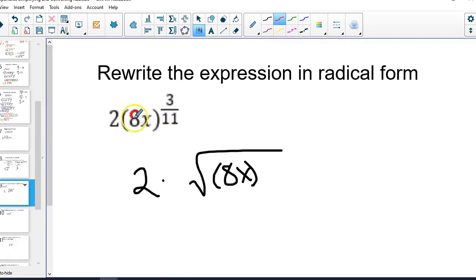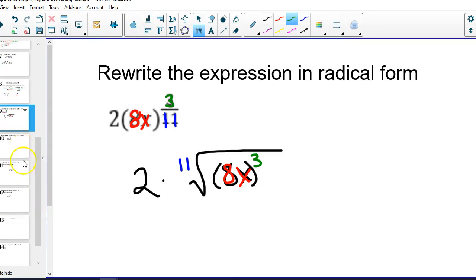So this, our 8x, goes on the inside. The bottom of our fraction, our 11 here, becomes the index of the radical. And the top value, or 3, becomes our power inside of the radical. Okay?